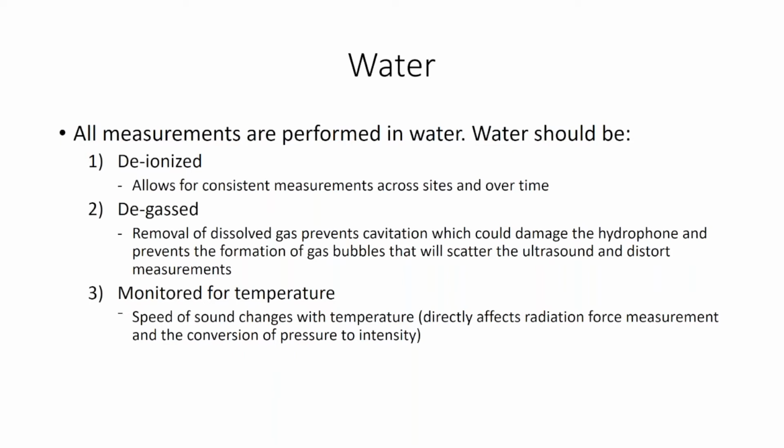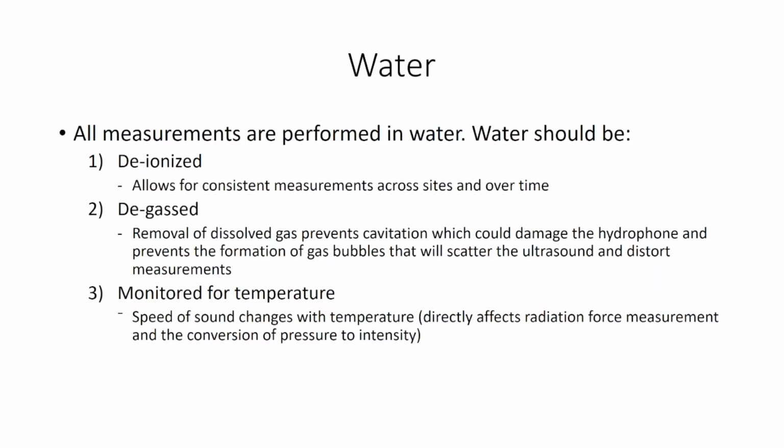Degassing is critical because the removal of gas prevents both cavitation, as I mentioned, I personally destroyed a hydrophone, and perhaps even more significantly, small gas bubbles formed anywhere on the device being measured or the hydrophone used for the measurements are incredibly disruptive to the measurements. It's worth pointing out that the strongest reflector that can be encountered in a measurement tank doing these measurements is actually a small gas bubble.